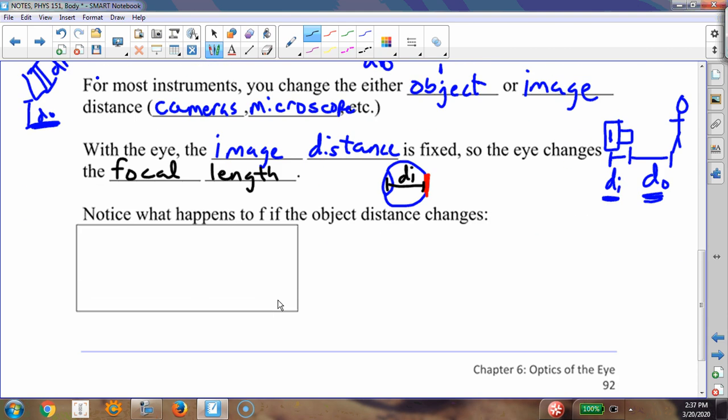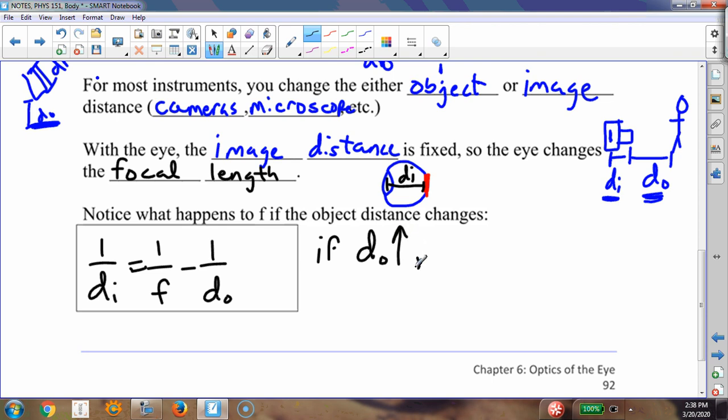Notice what happens to F if the object distance changes. I'm going to rewrite this equation. 1 over DI equals 1 over F minus 1 over DO. So what happens if DO goes up? What happens to F? Well, if DO goes up, then F must increase.